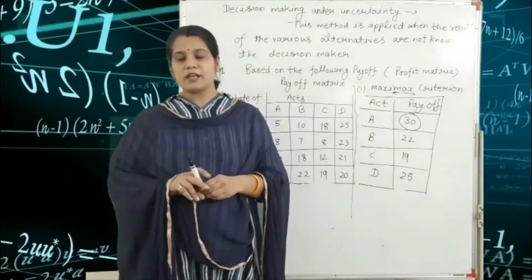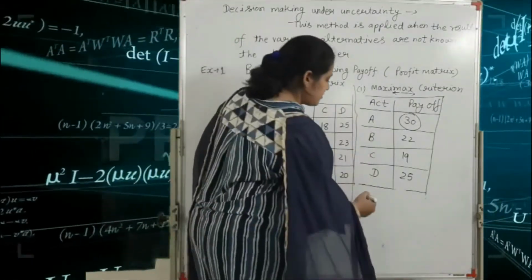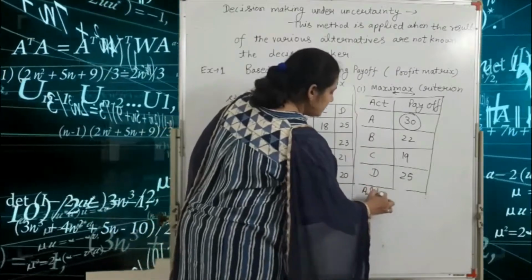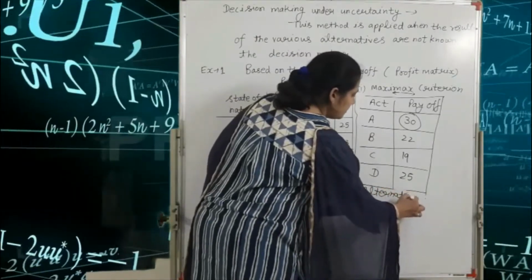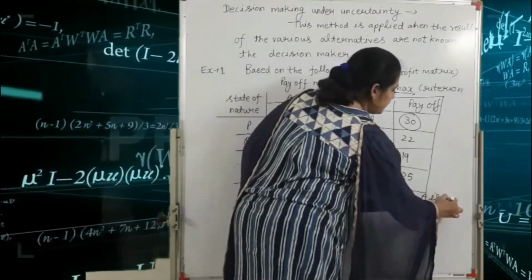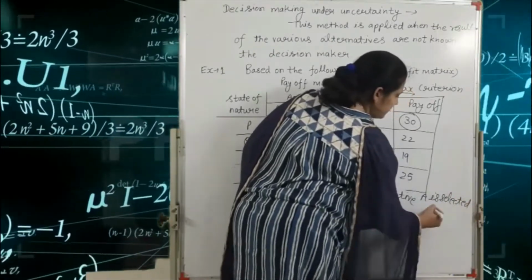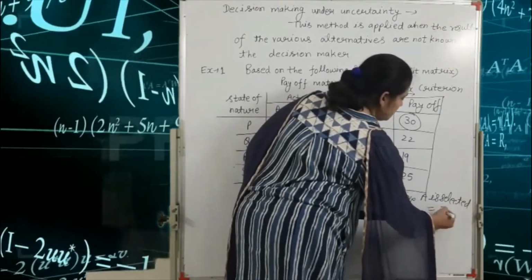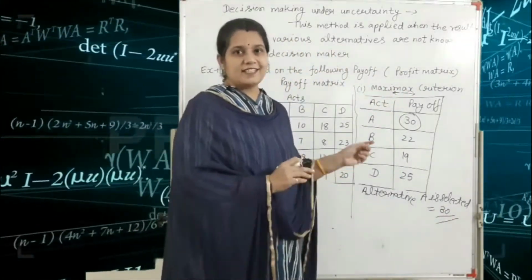That means what? Alternative A is selected. So we write here: alternative A is selected, and the answer is equal to 30. This is our answer. Okay, this is a very easy process.